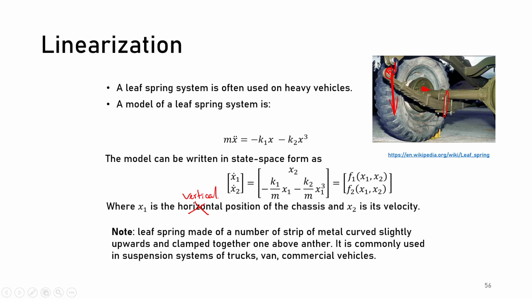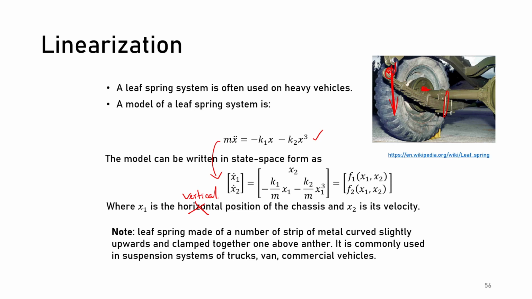All right, so this is the equivalent equation for all the springs. Let's try to simplify it. The original equation is like this, and then we transform it into state space like this, and then we have a nonlinear term in the second equation, right?